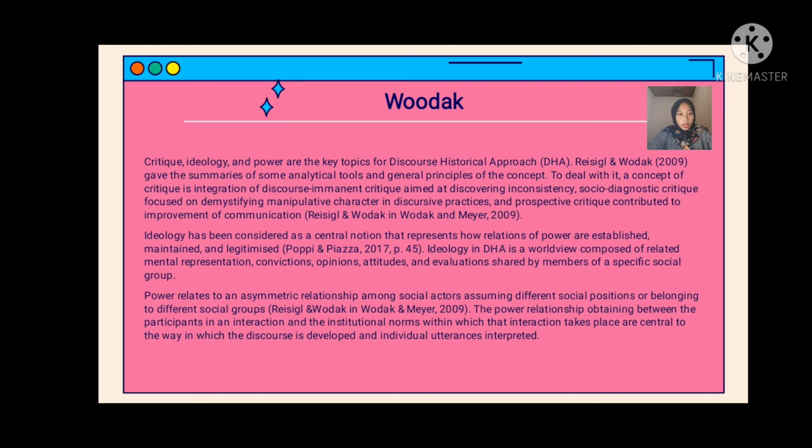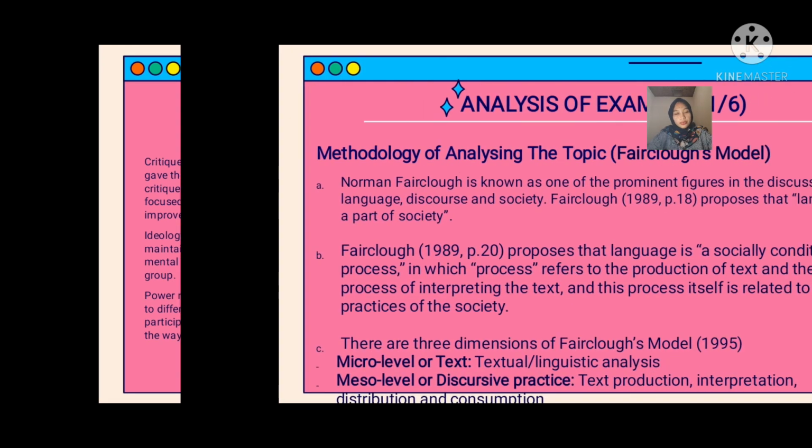So yes, in this framework, history is really important. The history or background of the story of the news, the background of the writer, and the background of the publisher are really important here. So we must be able to analyze or know the background of the publisher, of the author, and ourselves as the interpreter of the news itself.